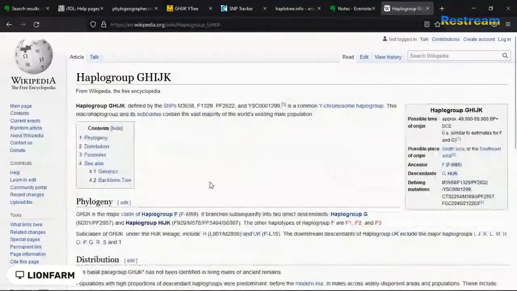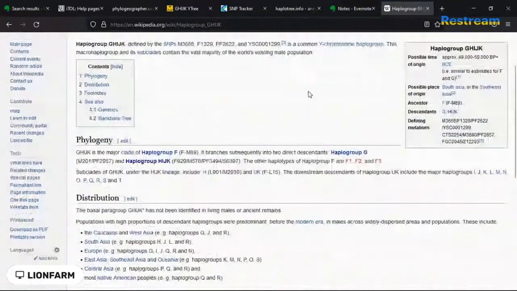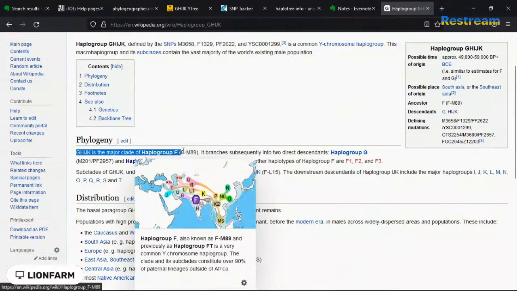And notice what it'll say about GHiJK in its writings on Wikipedia. Remember, Wikipedia is a tertiary source. It's a source that talks about primary sources. So they need a primary source first to talk about it. But notice right here, GHiJK is a major clade of haplogroup F, right?